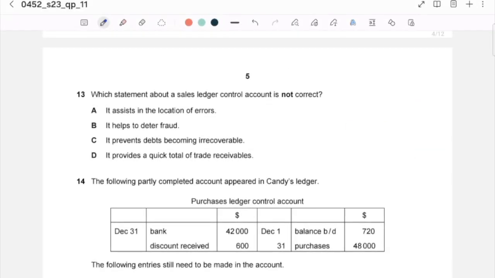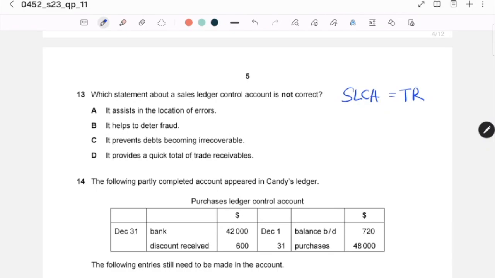We are so excited to do another number. So number 13. Which statement about sales ledger control account is not correct? Okay, sales ledger control account is the same as trade receivable.